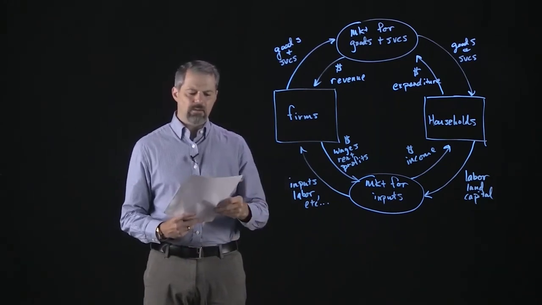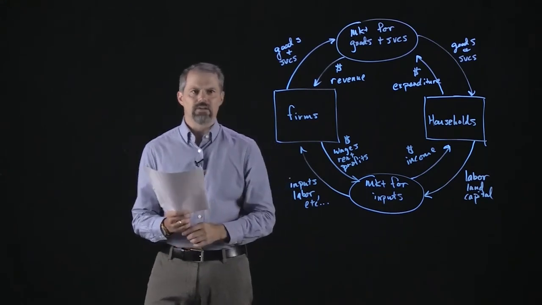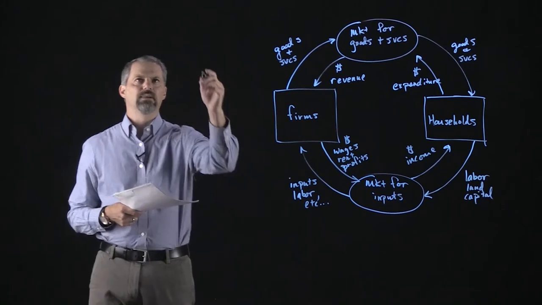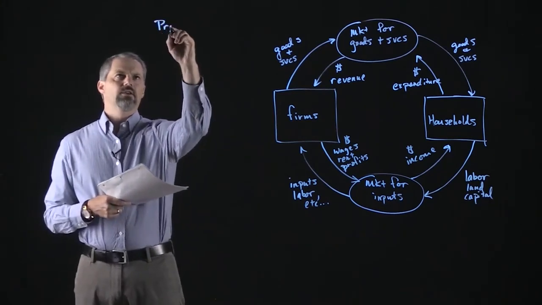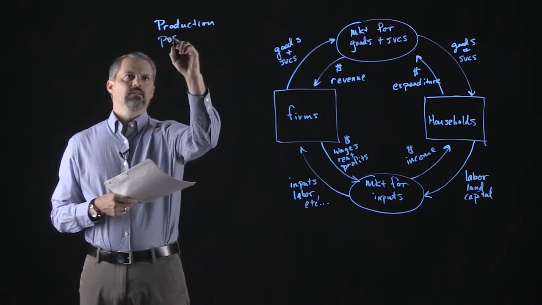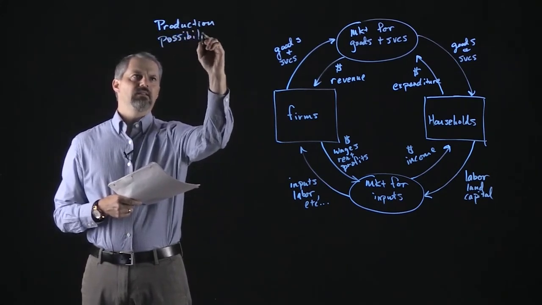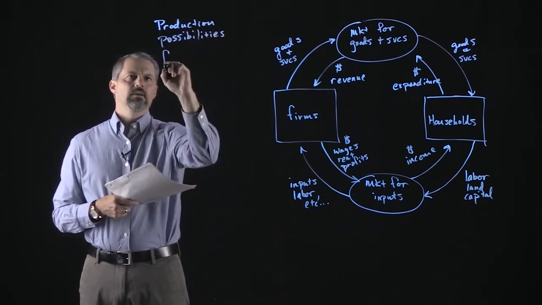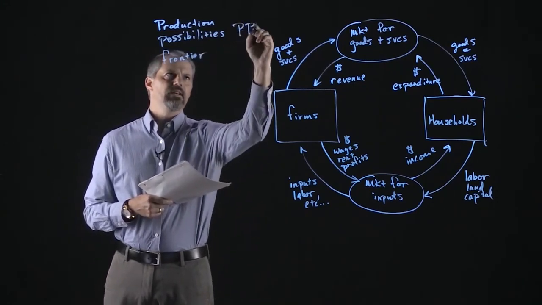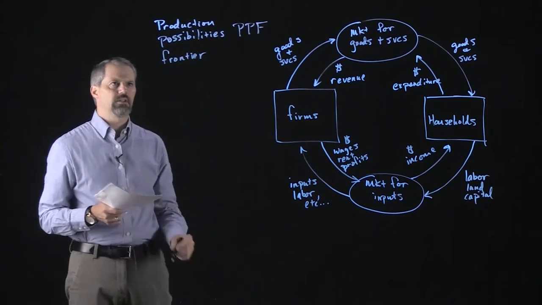We can also talk about another model that we're going to be thinking about, and that's going to be what we call a production possibilities frontier. So a production possibilities frontier, I'm going to abbreviate PPF. PPF, production possibilities frontier.